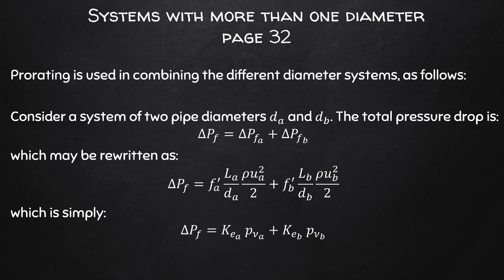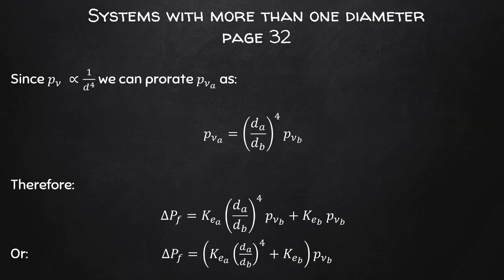We can substitute into each term the Darcy-Weisbach equation and then simplify the equation as shown, where P nu A and P nu B are the dynamic pressures for each of the pipe sections A and B. Now, since P nu is directly proportional to 1 over D to the power of 4, we prorate P nu as follows, and can substitute this result into our previous equation that defines the total pressure drop for the system.